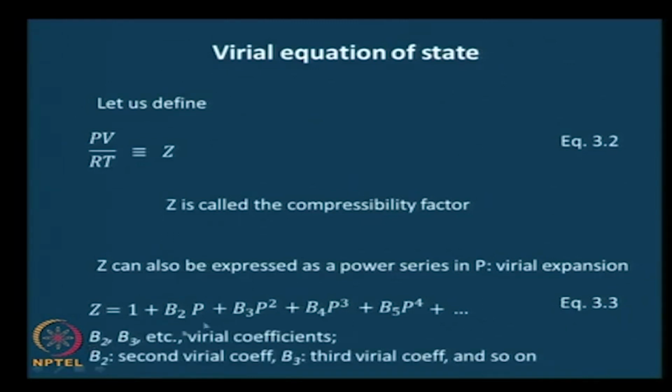B2, B3 and so on are called virial coefficients. B2 is called the second virial coefficient, B3 is called the third virial coefficient and so on. These virial coefficients represent the interactions between the molecules or the particles that comprise the gas, typically molecules.